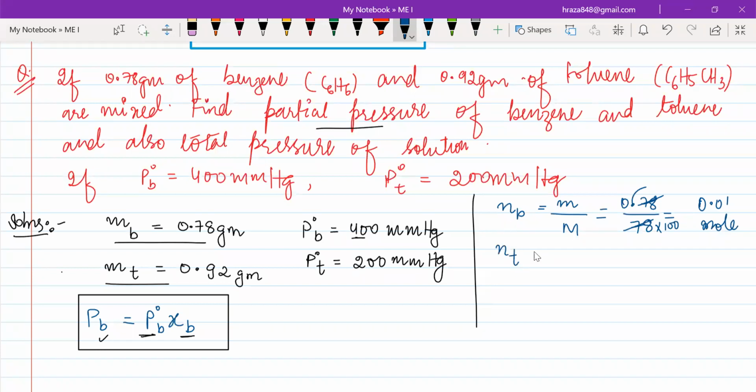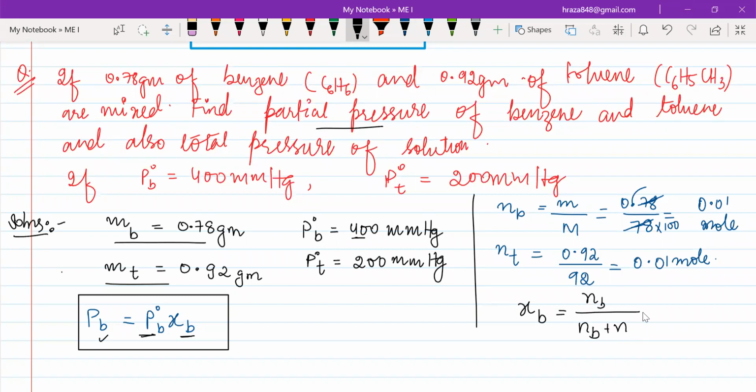If you are going to calculate the number of moles of toluene, it will be given mass, that is 0.92, upon molar mass, that is 92. So basically it will be equal to 0.01 mole. This is the number of moles of toluene. Now we can easily calculate the mole fraction of benzene, that will be equal to number of moles of benzene upon number of moles of benzene plus number of moles of toluene.